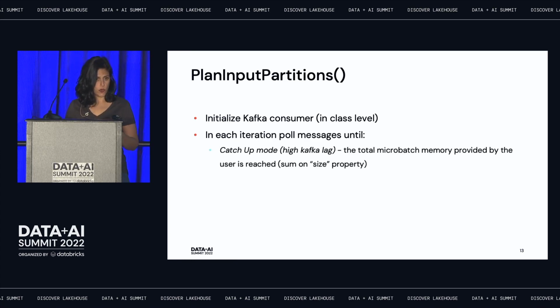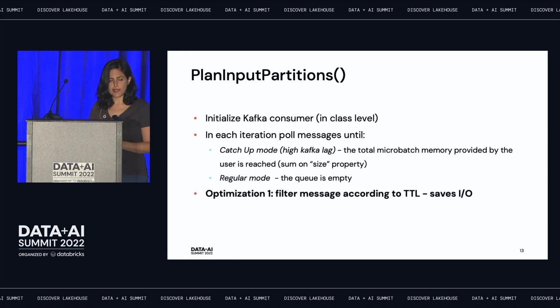If we're in catch-up mode, which means that we have a high Kafka lag, then the consumer polls messages and sums the size property in the messages until we reach the maximum desired memory for a micro-batch. If we're in regular mode and we don't have a high Kafka lag, we poll messages until the queue is empty.